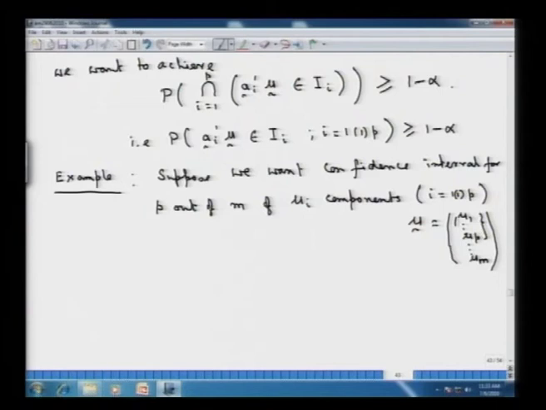Suppose these p are the important ones, and we are looking at setting up simultaneous confidence intervals for mu 1, mu 2, up to mu p, such that the joint probability of mu i being contained in that particular random interval is greater than or equal to 1 minus alpha. So, this is just an illustration. This can be anything other than these mu components also. Now, we can encounter two different cases. The first case is a very simple case.